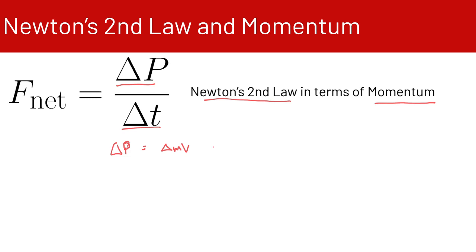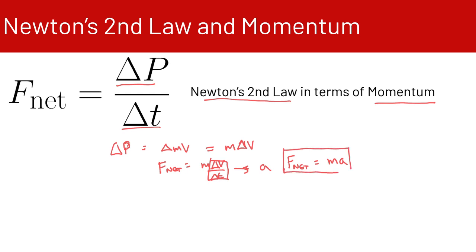We can rewrite that as m delta v. So now our net force is equal to m delta v over delta t. And this term, delta v over delta t, is equal to acceleration. So now we have F net is equal to ma, which is how we think of Newton's second law in general.